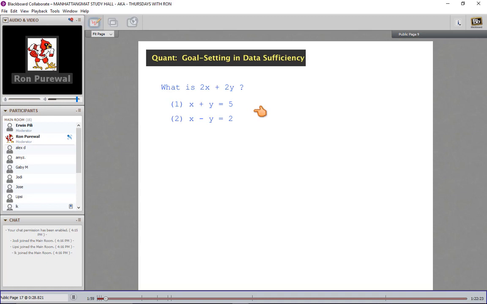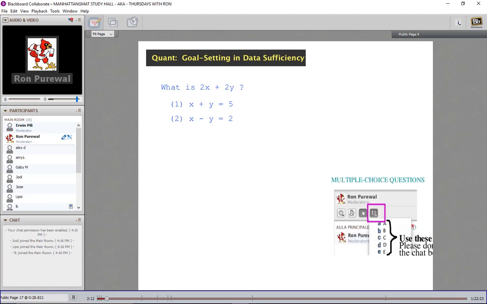And then, just to make sure we're on the same page, go ahead and indicate what the answer to that question is using these choices.